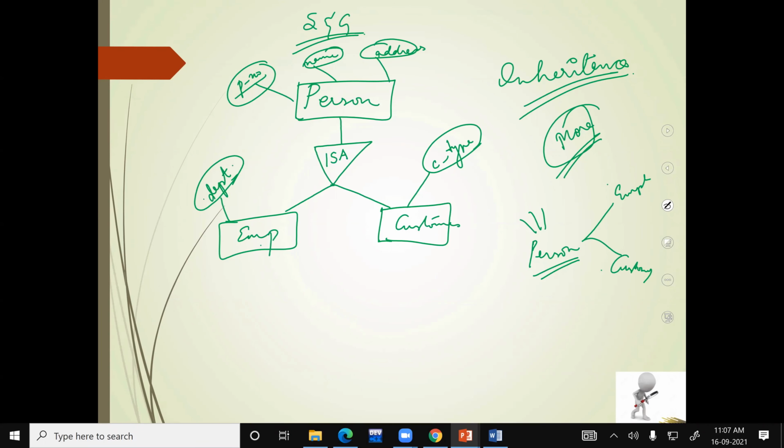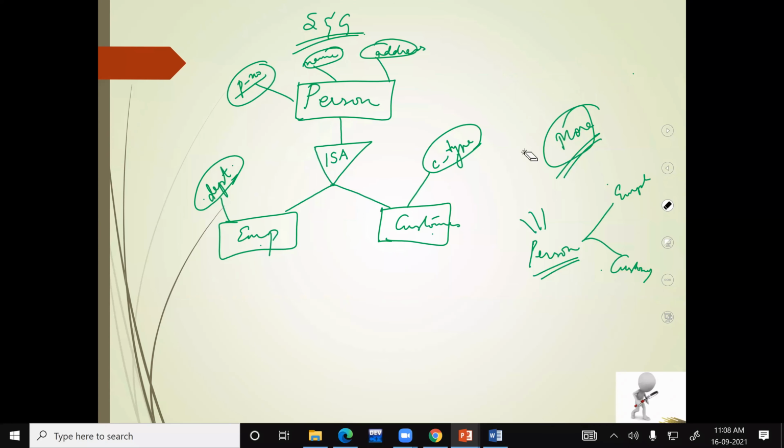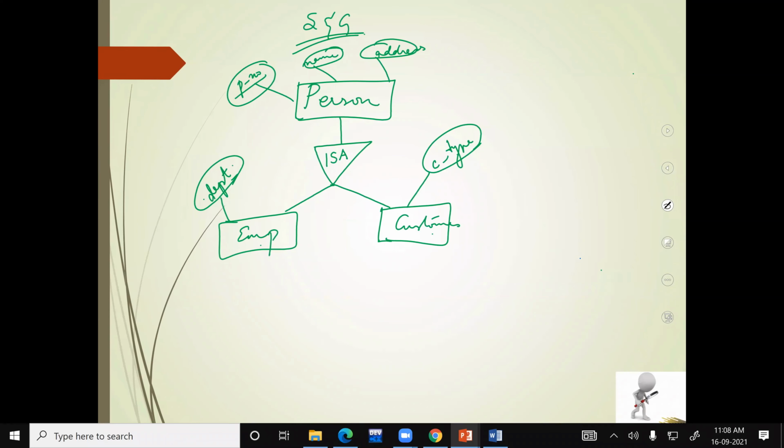And when you think about customer type, an employee will not have customer type. That is something which is unique to the customer. If you think about all the details of an employee, he will have the department he is working in, a phone number, a name, and an address.